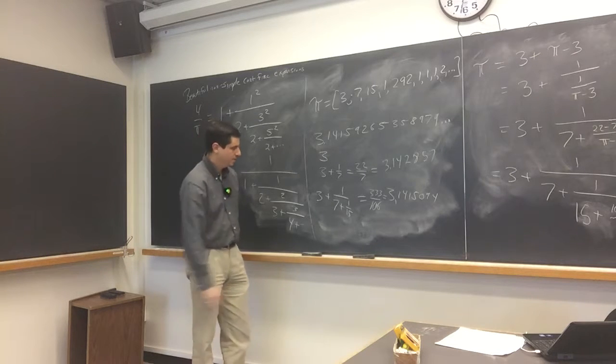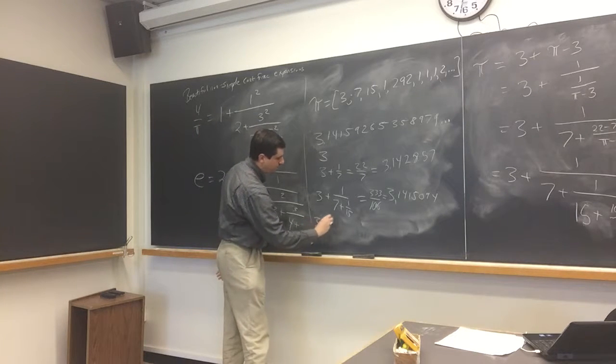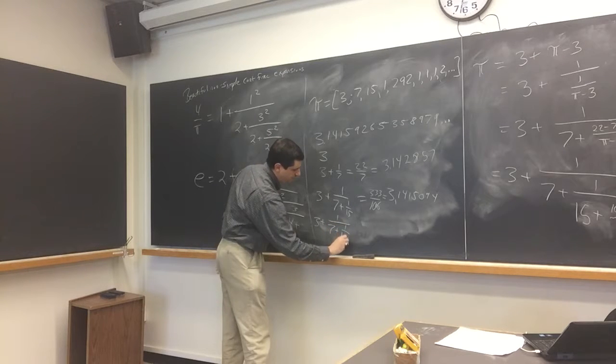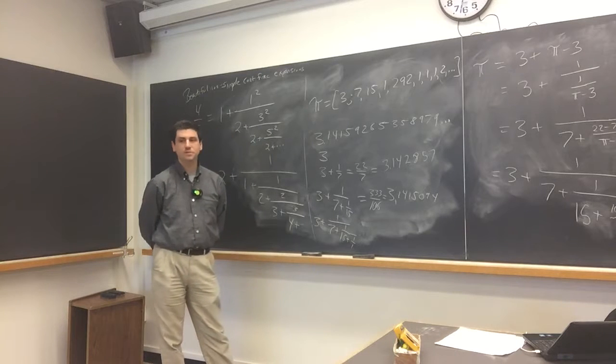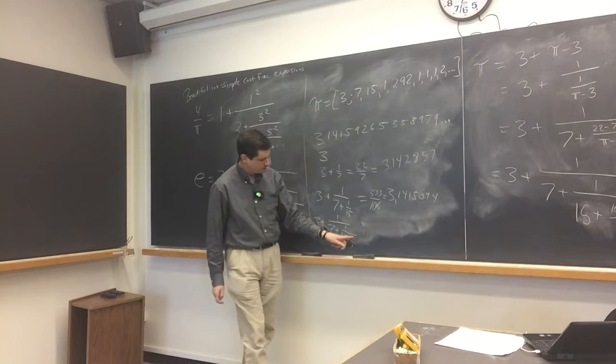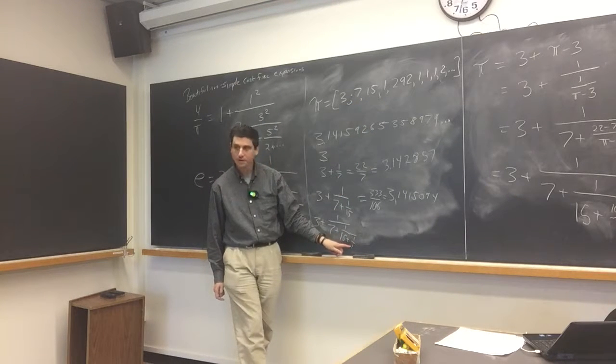It's not bad. The next one would be 3 plus 1 over 7 plus 1 over 15 plus 1 over 1. Do we expect that to be a good or a bad approximation? Pretty good. Why pretty good? Because the next one is 292. Yeah, the next one is a 292, so we should replace this 1 with a 1 plus 1 over 292.